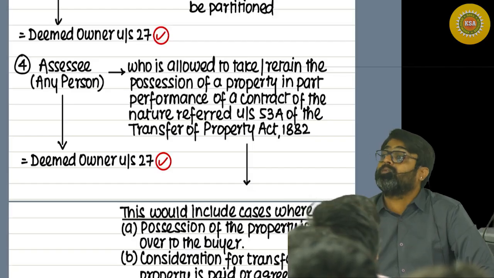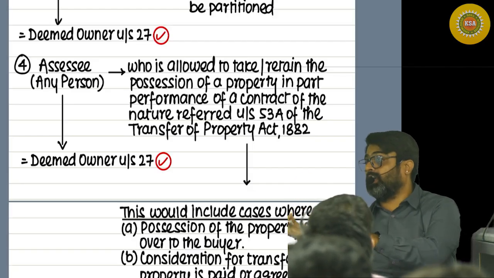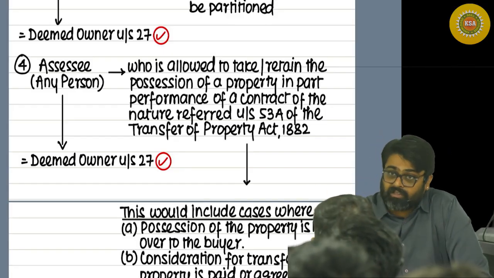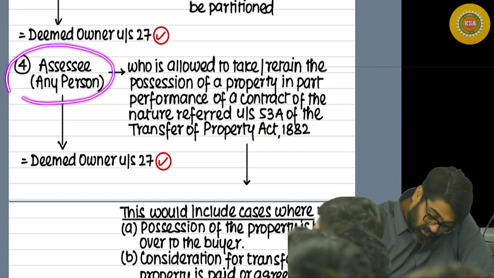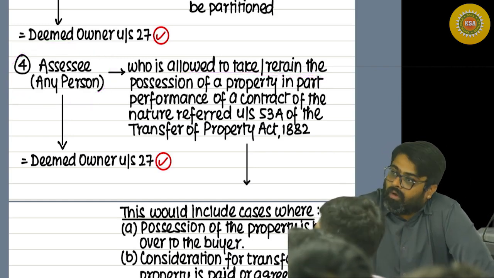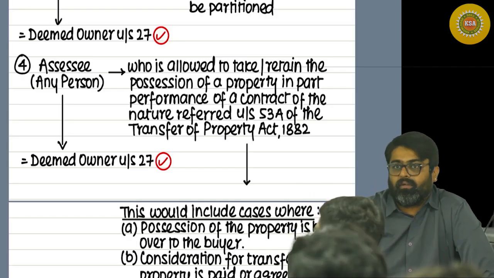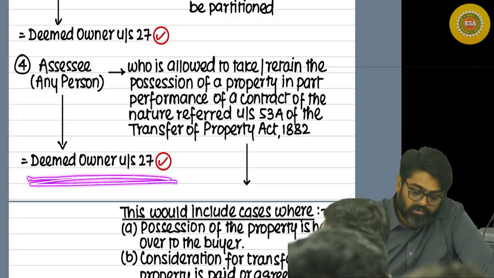What part? He has paid the consideration, and the seller has performed his part. He has given the possession. So even if the documents are not registered, even if the legal ownership is not transferred, still the person who has taken the possession will be treated as deemed owner. So now the income of the property will be taxable in the hands of the buyer, even if he is not the legal owner, by treating him as deemed owner.